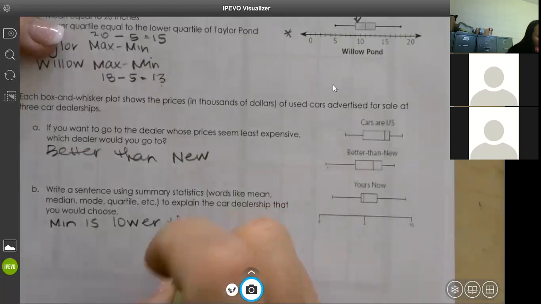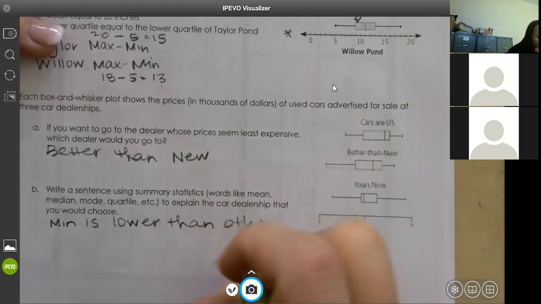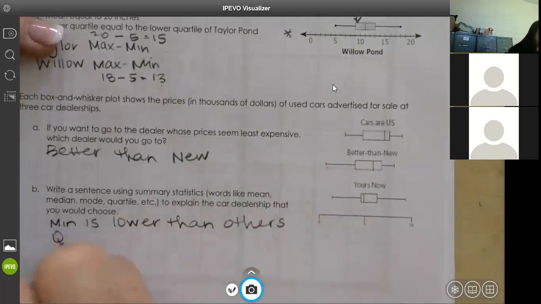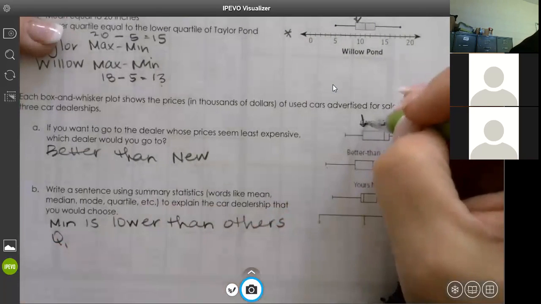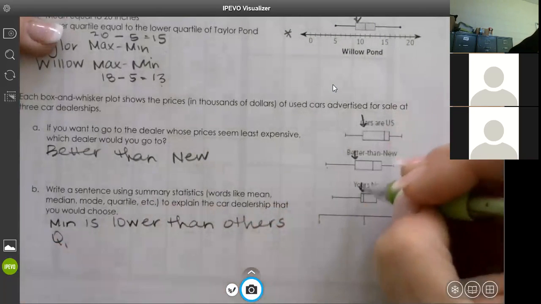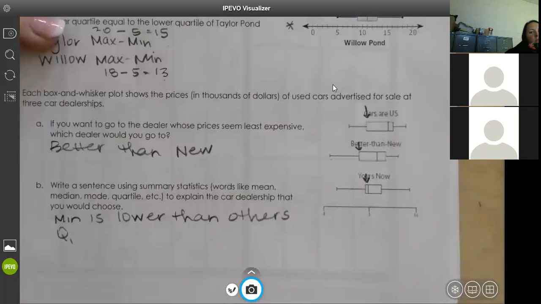And we're going to say them both are others. What about Q1? That's your first line. Right there's Q1, Q1, and Q1. And again, we picked Better Than New. Tell me about it compared to the other two.